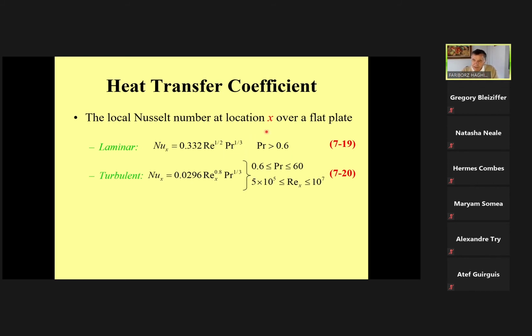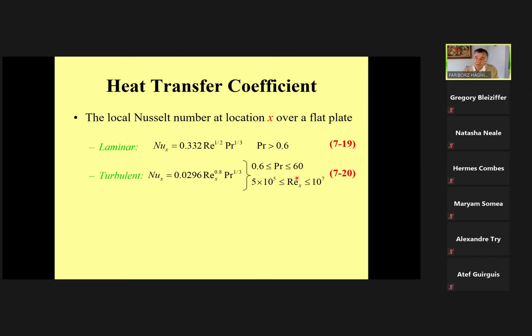And for this equation, again, you have to remember we have a condition. This equation is correct when the Prandtl number is more than 0.6. I hope you remember what the Prandtl number means. Again, this is a physical characteristic of a gas or fluid. It depends on Cp, k, and density, and that's all. This is for the case of more than 0.6 and less than 60.